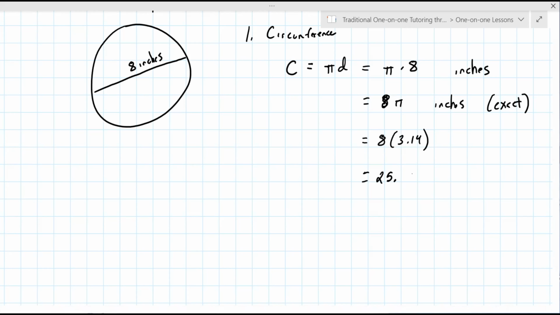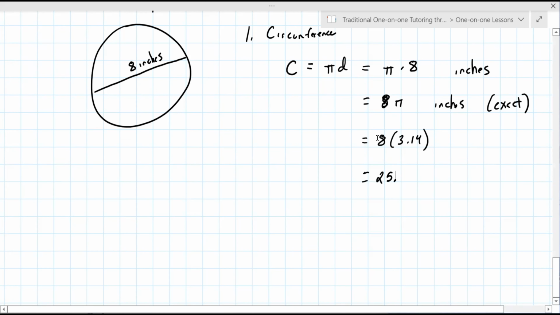Are you using a calculator, Sourish? Yeah, I am. The answer is 25 point 16. Why are you guessing? If you have a calculator, you're just typing in 8 times 3.14. There's no doing it by hand.